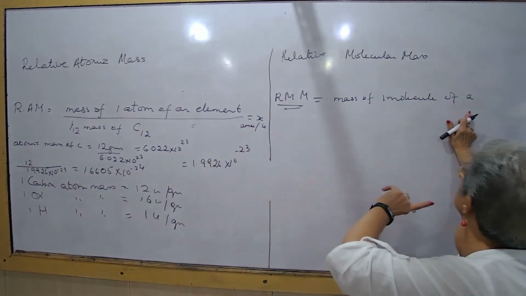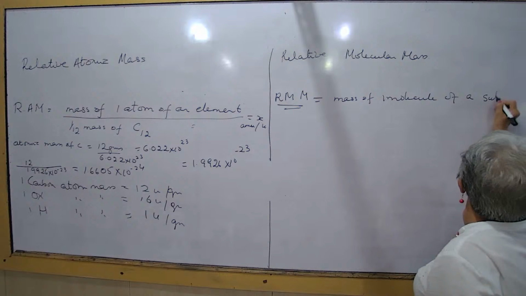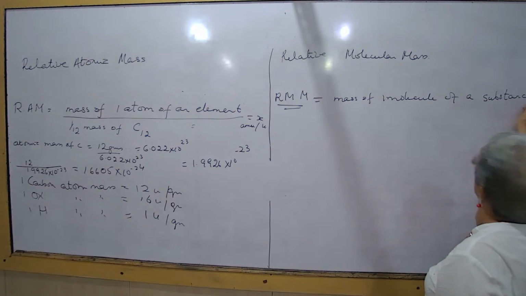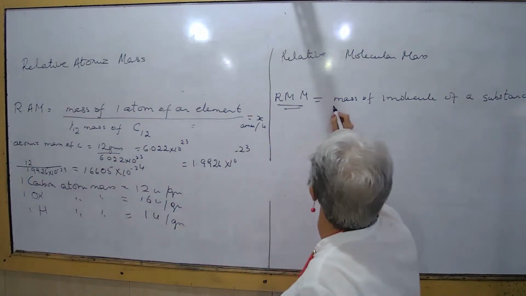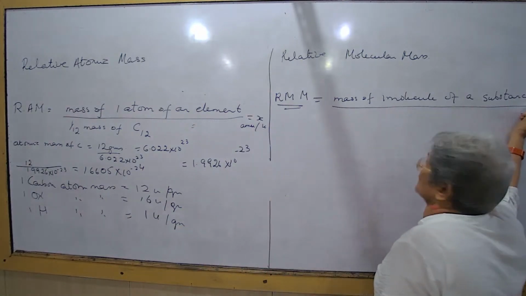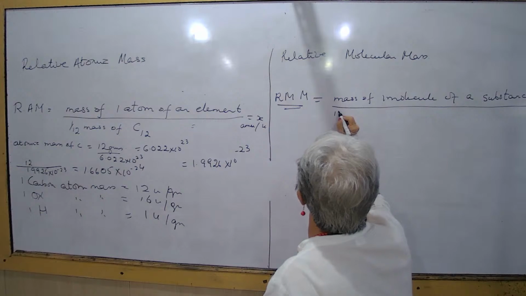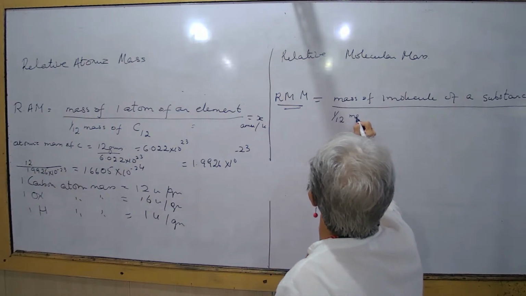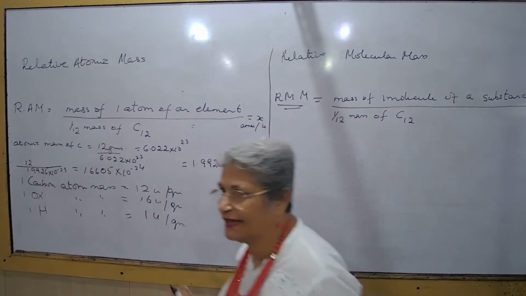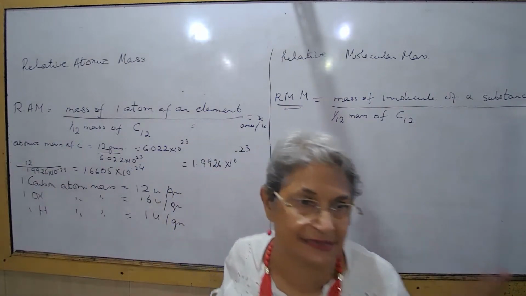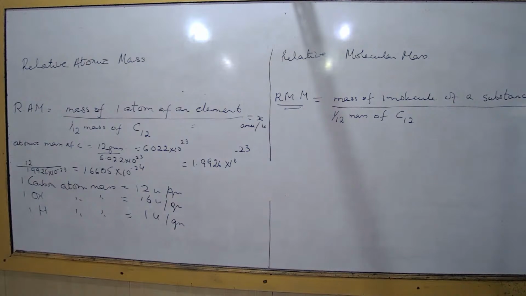Molecule is of a substance, and atom is of an element. Correct? Upon 1 by 12 mass of carbon C12. Again, this is in unified mass, this is U. But if I say give it to me in grams, change the U to grams. That is all. Is this clear?